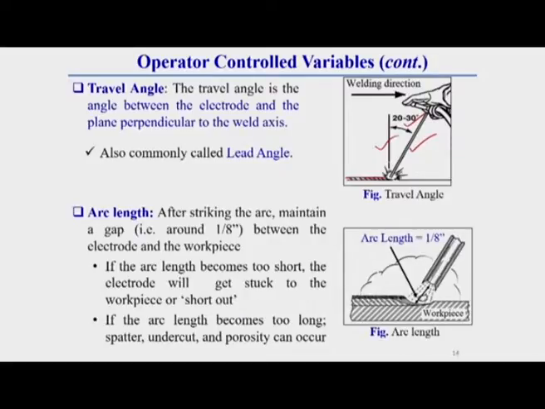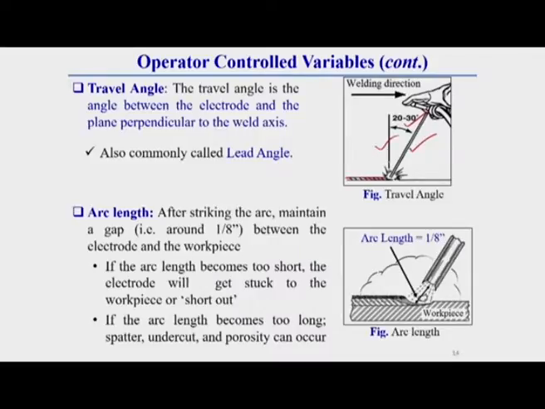Then arc length. Arc related things I have already discussed in detail in physics of welding, but here also you should know the range of arc length. Here the arc length is within a range of 1/8 inch, or around 3 millimeter, or you can say around the diameter of the electrode. Arc length is the distance between the base material and the electrode tip.